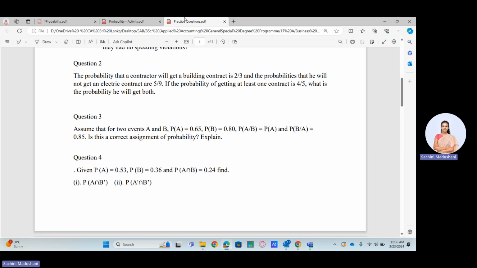That way we can write it as the complement of the union, equal to the complement of the union. How to get the value? 1 minus the union. A dash intersection B dash.